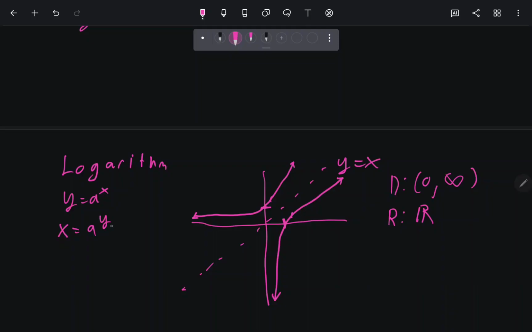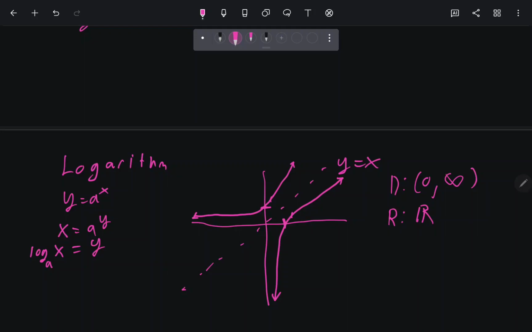Well, how do I get this y out of the power area? We're going to take the logarithm of both sides. Let's just call this log base a of x. And because we're taking a logarithm base a, and a is raised to the y power, the only thing that's going to be left is y. If that makes sense. So the logarithm is the inverse to the exponential.